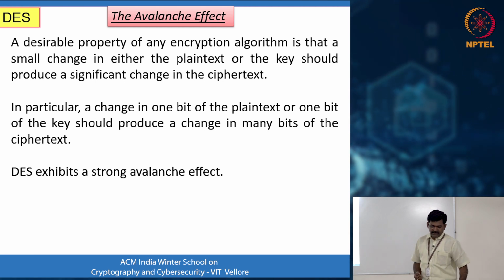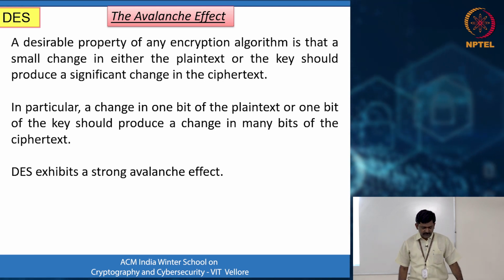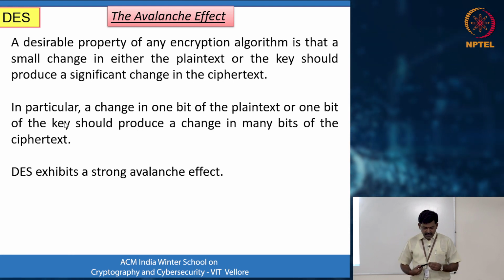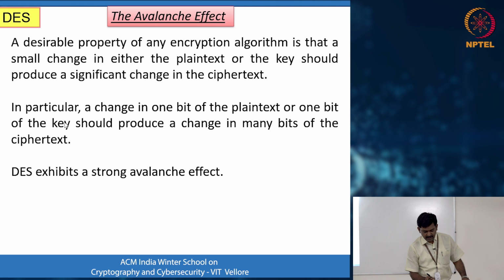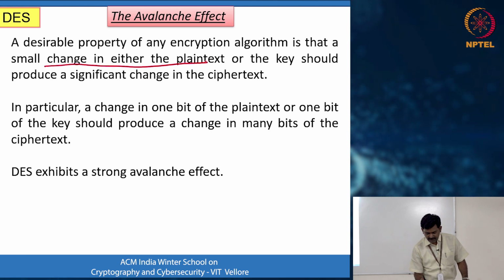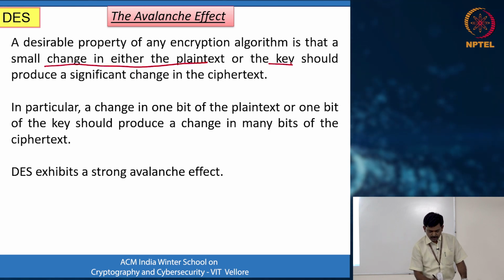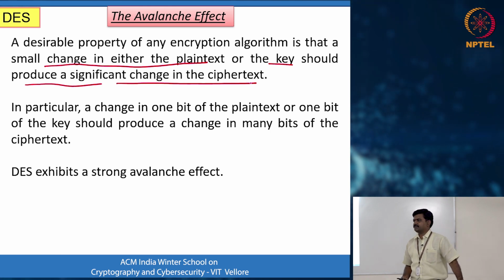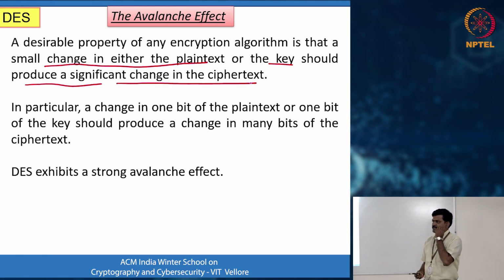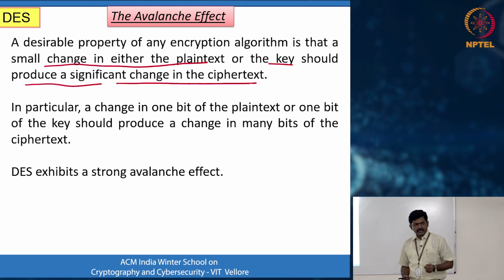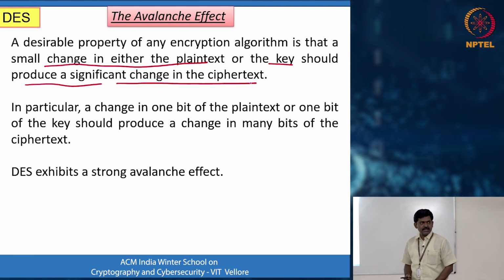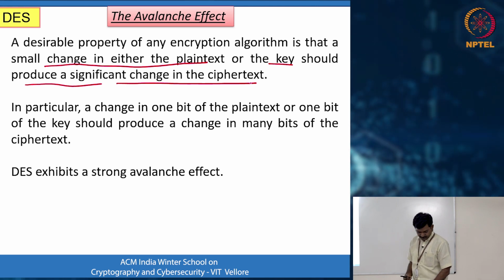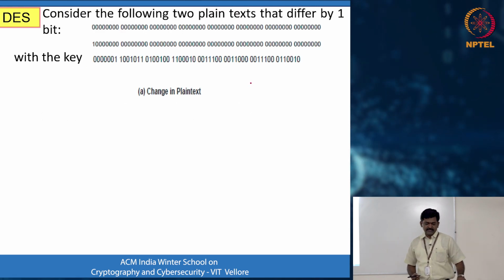What is the avalanche effect? Any small change in either the plain text or the key should produce a major significant change in the ciphertext. This is called the avalanche effect. So that means even with a single bit position change, how much bit difference it produces in the ciphertext.